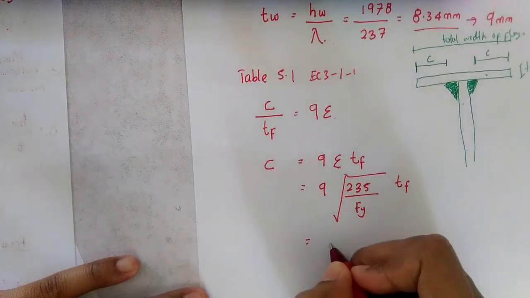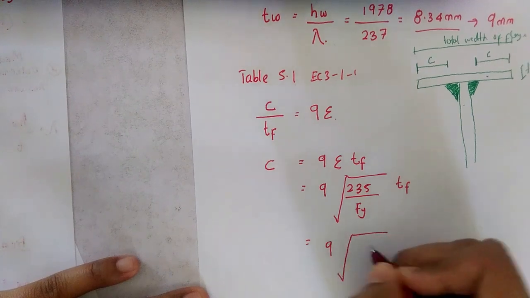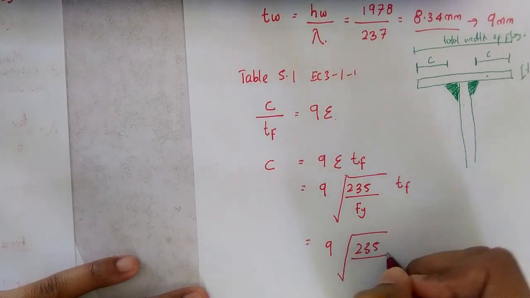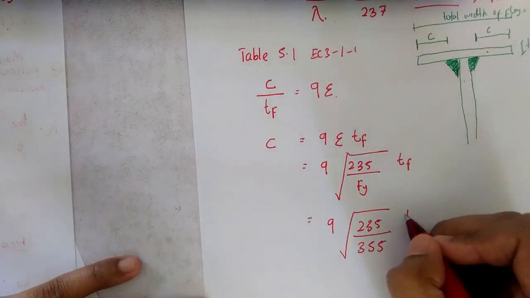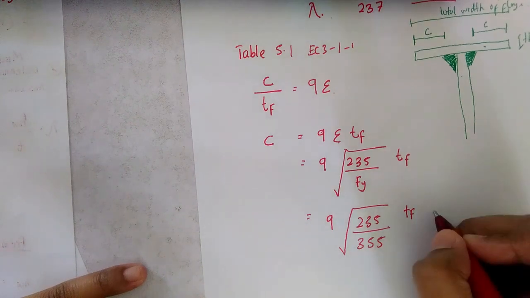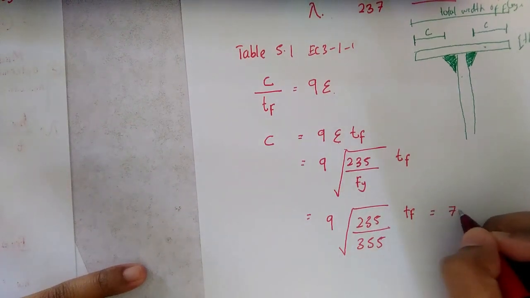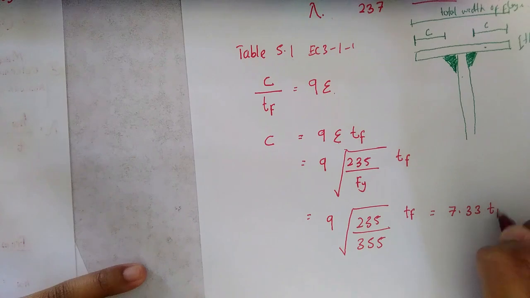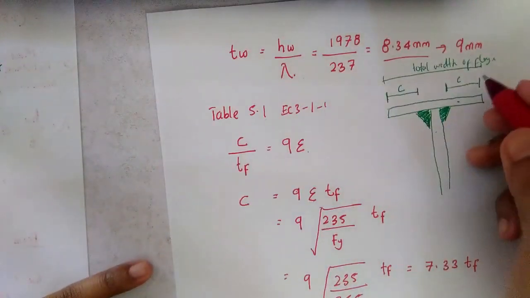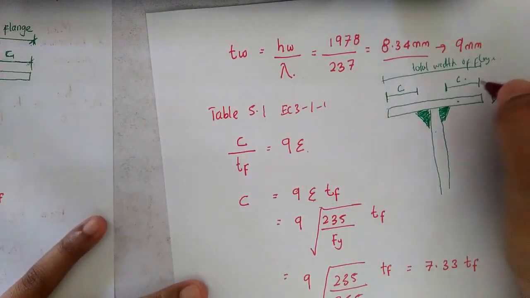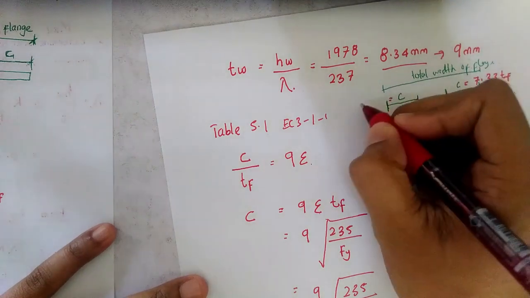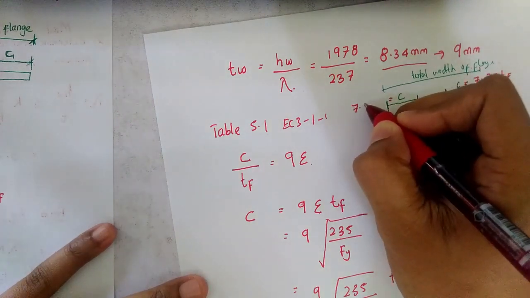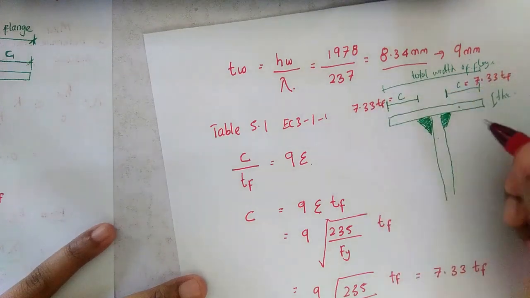So here you have 9 times 235 over 355, and then the thickness of the flange. Finally you will get 7.33 TF. So now you know your C is equivalent to 7.33 TF, and here also it is equivalent to 7.33 TF.